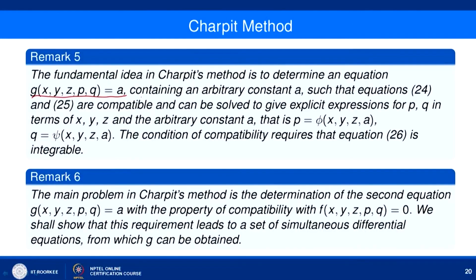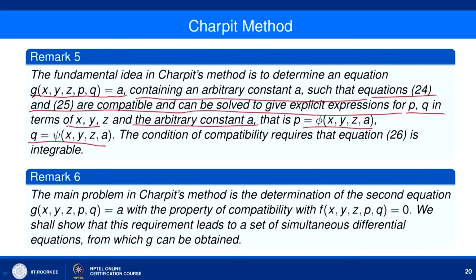It means that the other equation we need to find is g(x, y, z, p, q) equal to a containing an arbitrary constant a, such that equations 24 and 25 are compatible with each other and can be solved to give explicit expressions for p and q in terms of x, y, z and the arbitrary constant a, that is p equal to phi(x, y, z, a) and q equal to psi(x, y, z, a).